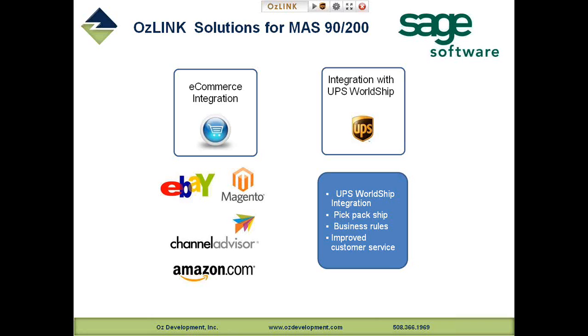So today's focus really is on the right side, and that's integrating the MAS systems with WorldShip and providing extensions to optimize that. So that might be improving the pick, pack, ship process, creating custom documentation, adding business rules, and we'll go into a lot more detail as we step through the slides here today.